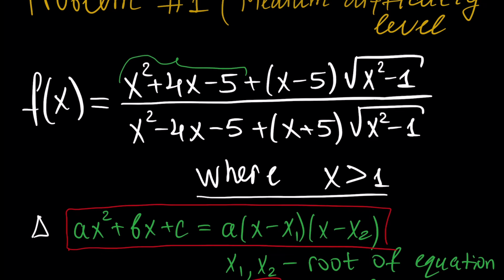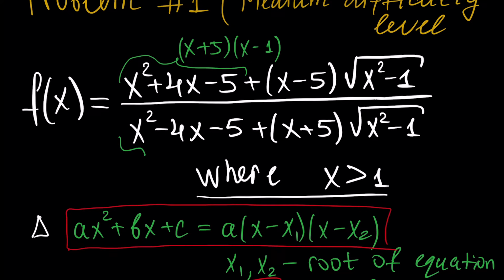For this polynomial of degree 2, we can write that this is equal to x plus 5, since the first root of our quadratic equation is minus 5, which divides the free member minus 5, and the second root is 1, so we can write it as x plus 5 times x minus 1.